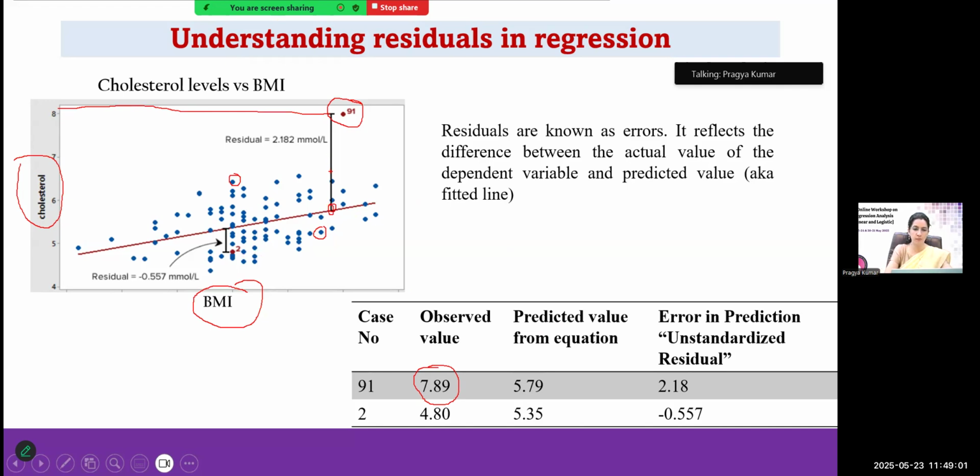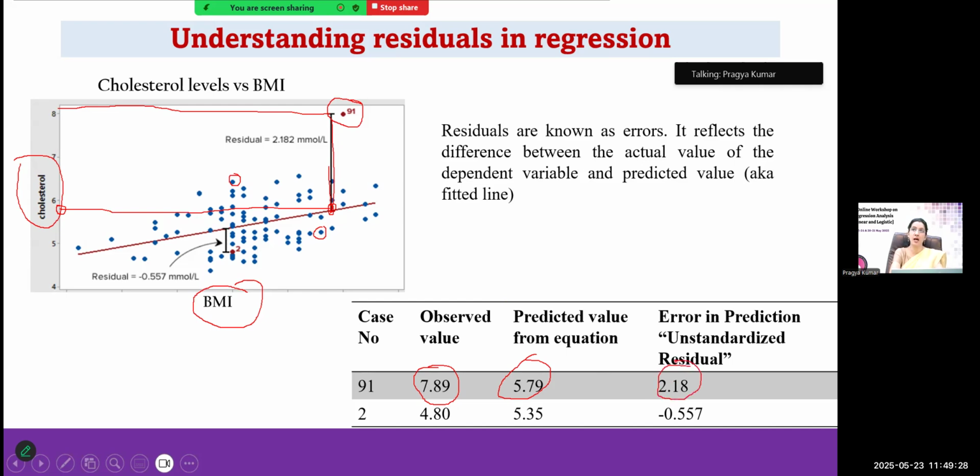If you drop a line at a 90 degree angle and see its value on the y-axis, it is approximately 5.79. So the predicted value is 5.79. The distance between these two is the residual, so the residual is 2.18 in this case.